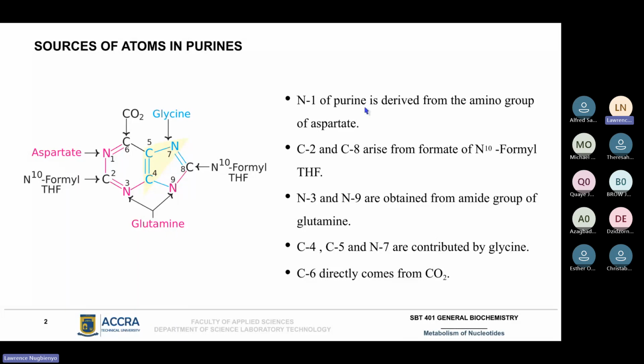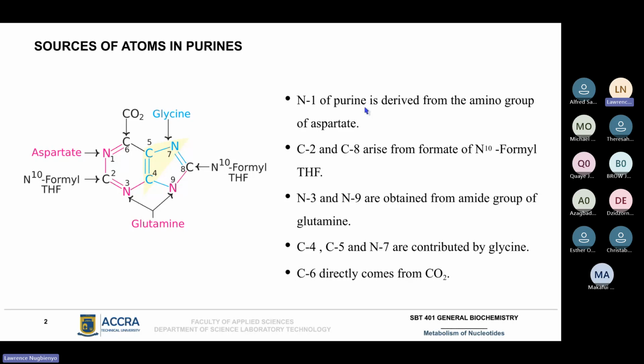Now, I want you to remind yourselves of the fact that the nitrogenous bases are divided into two major groups, which are the purines and the pyrimidines. And the purines are adenine and guanine, and adenine and guanine are those that have two rings fused together, one 6-sided ring and one 5-sided ring.